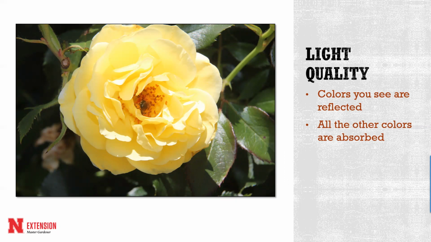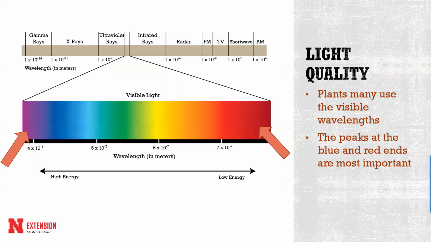When you look at a plant, what you see is the color and the light spectrum that's reflecting off of that light spectrum. So all of the colors are being absorbed into that plant except for the green and the yellow. So this is the visible light spectrum. It's off of the wavelength in showing in meters.